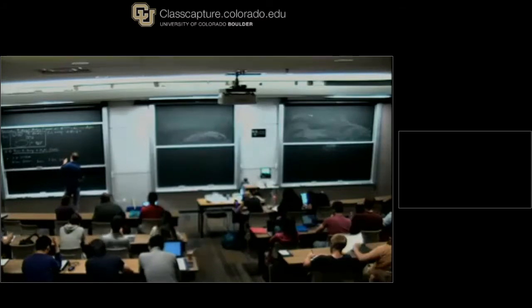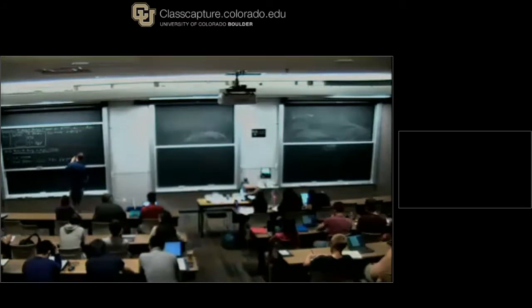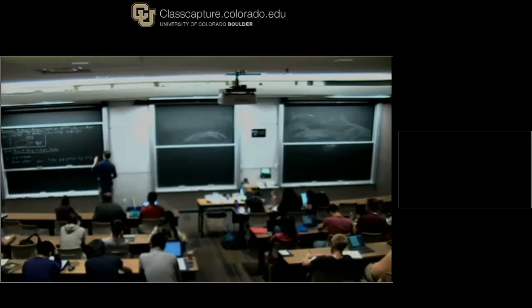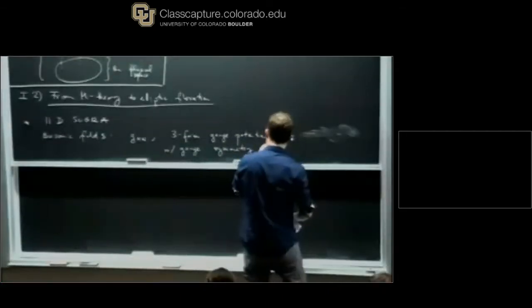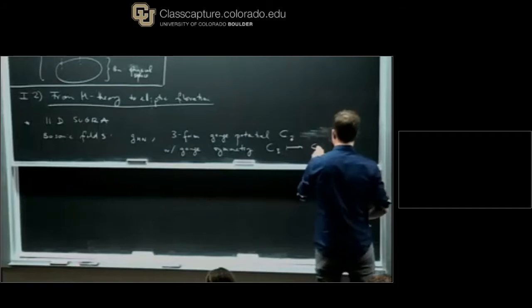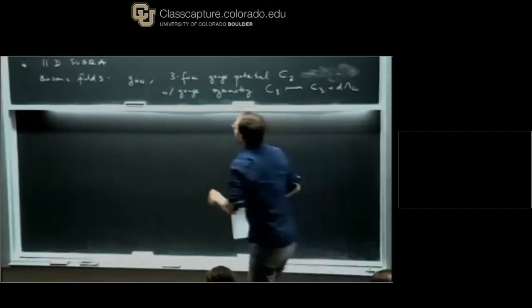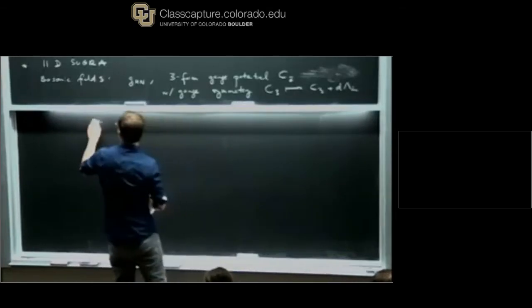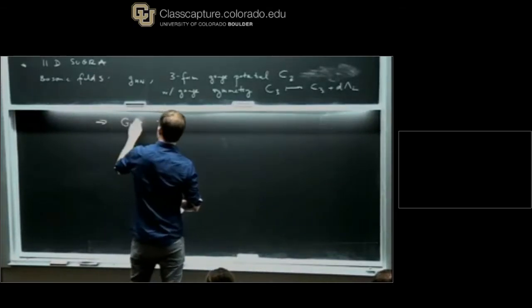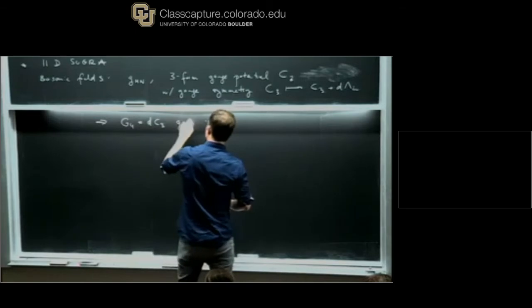The 3-form gauge potential C3 enjoys a gauge symmetry, C3 goes to C3 plus d lambda 2. So it's a higher form gauge potential, and consequently, the field strength G4 equals dC3 is gauge invariant, clearly.